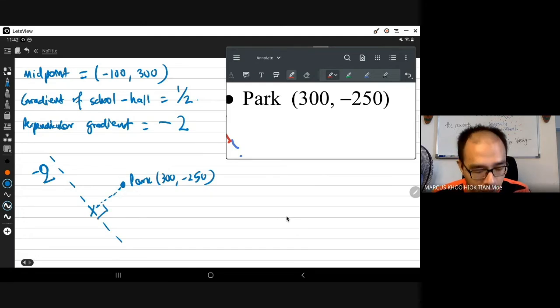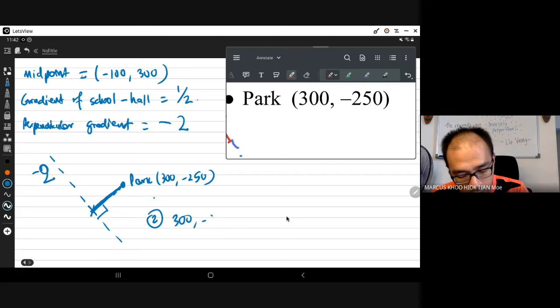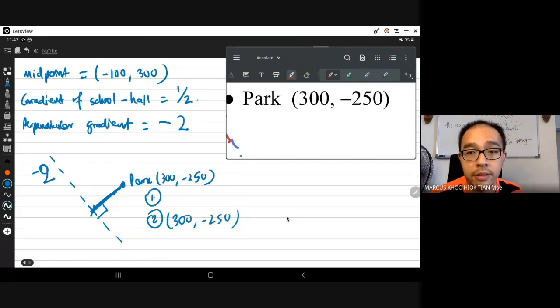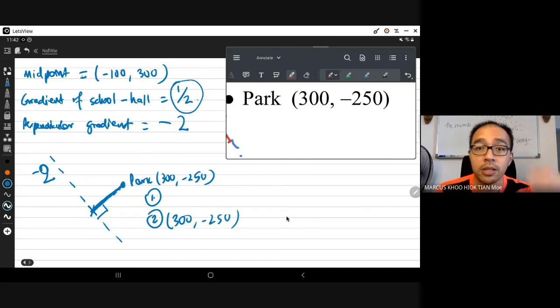So the question is, what is the equation of this straight line? Do I have enough information? I have the coordinate, which is 300 and negative 250. How about the gradient? Actually, the gradient is the same as the gradient between the school, hall and the clock, because it's 90 degrees, 90 degrees, so they must be parallel.